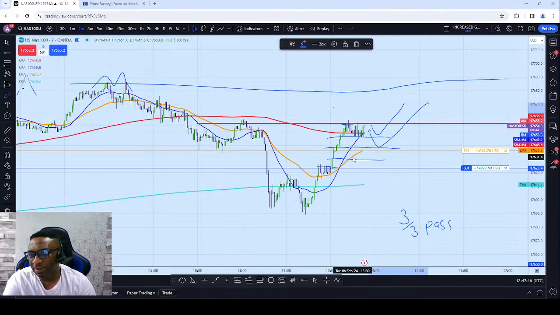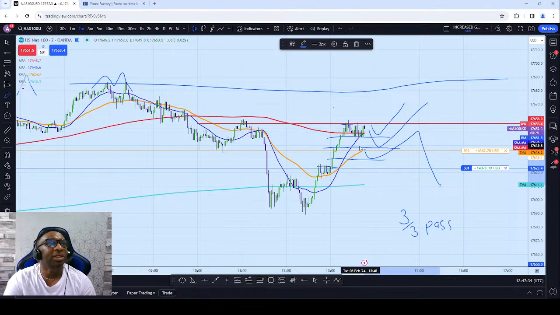But if it comes all the way to this level, the chances of it going up are slim. What could happen is, boom, it will do that and then turn around. So let's put that in our arsenal as well.